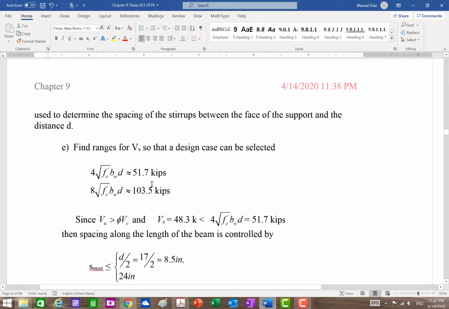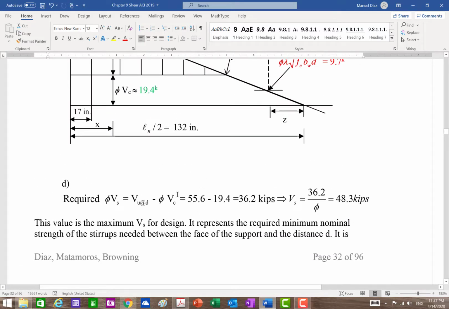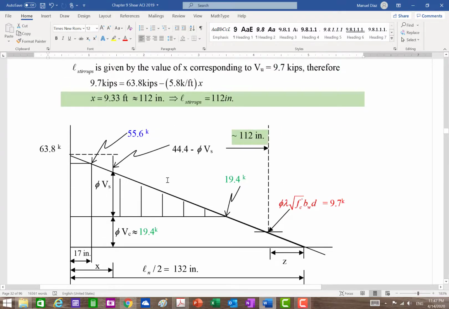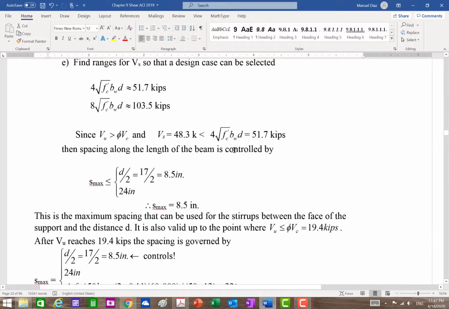Okay? We are good. Notice that you would not have done this, right? You would have not used VU at D, but you would use 63.8. That would have put you over this value, and then your design would have been a lot more conservative. Okay?